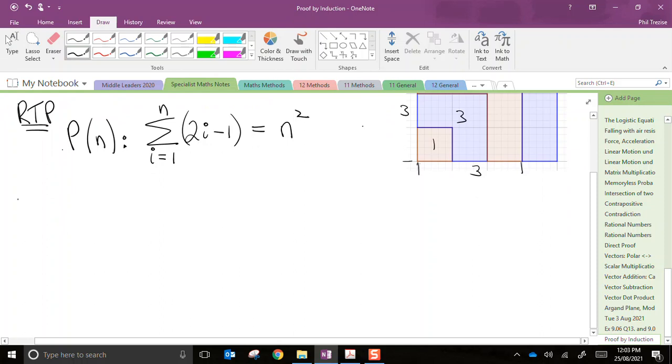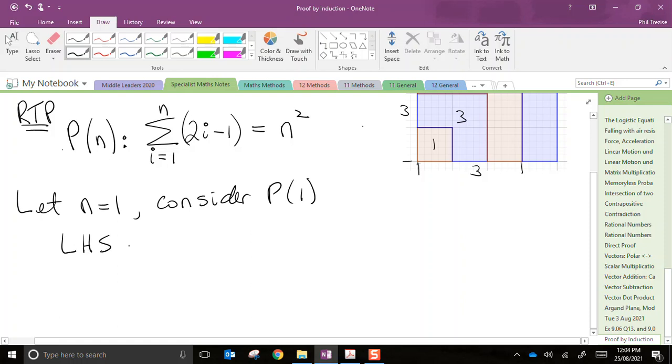The first thing we do is we consider the base case. So we let n equal 1, and then we consider the proposition with n equals 1.